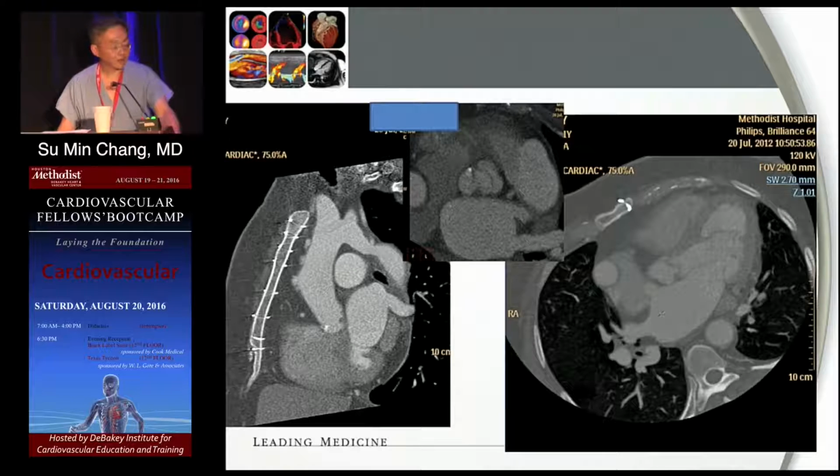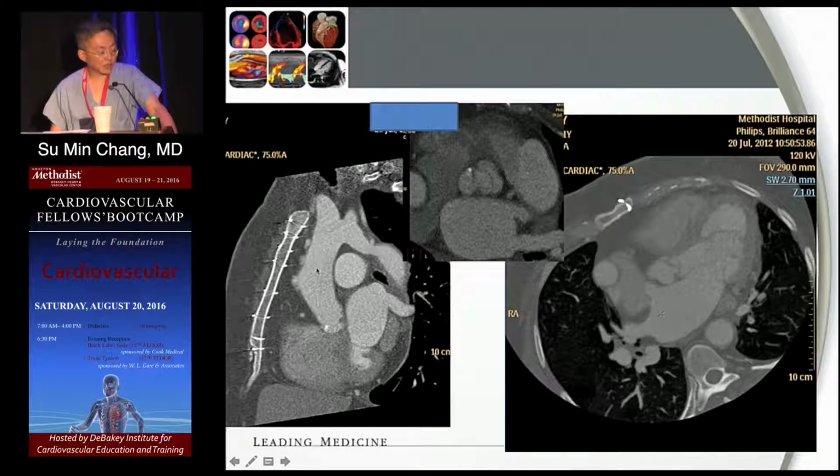Okay, Omar, what do you see on the left-hand side? I'll give you a hint, okay? So this is the ascending aorta, in the sagittal view. This is the arch, and very good, coarctation.